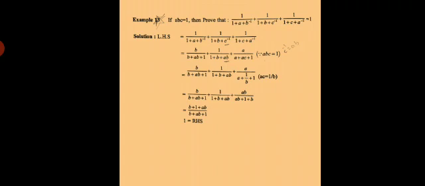a into b into c, which is equal to 1, can be written as, by shifting c to the RHS, it becomes 1 upon c. So 1 upon c is nothing but c inverse. So in place of the middle term c inverse, you can replace it by ab.